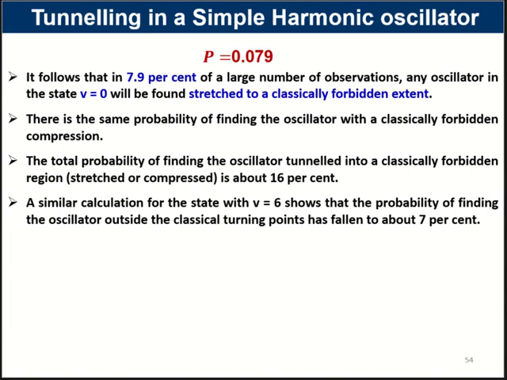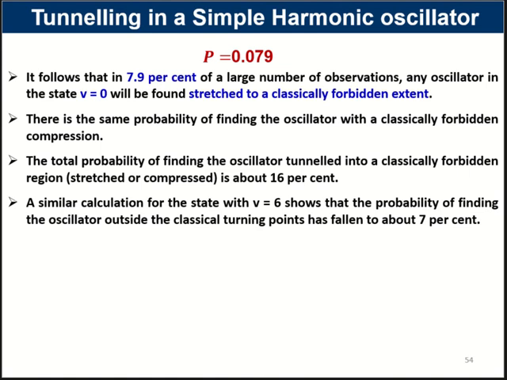So that means 8% stretched more than the turning point आप कर सकते हैं. So total, so this is v is equal to 0, stretched beyond the classical limit, the possibility is 8%.